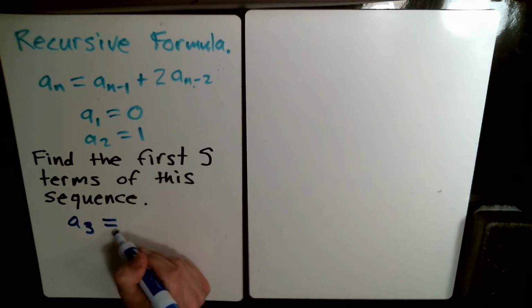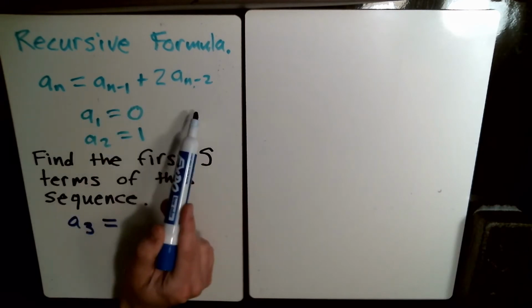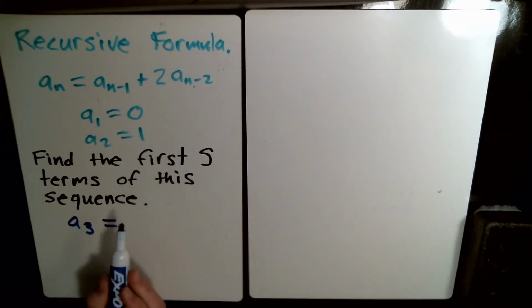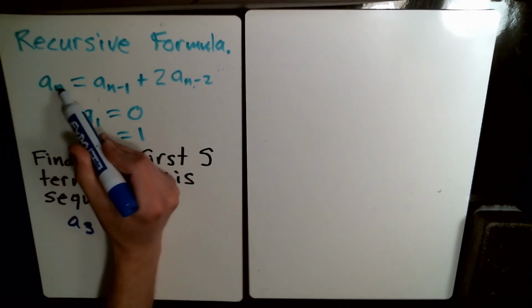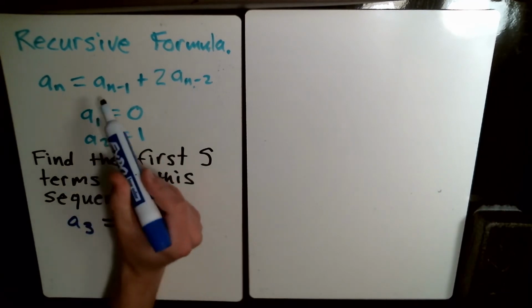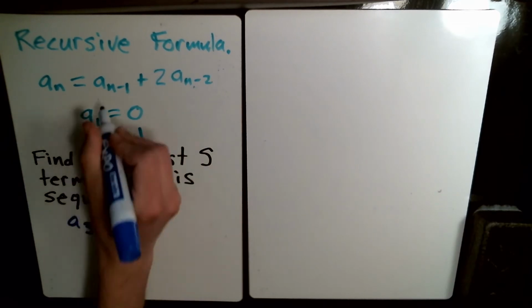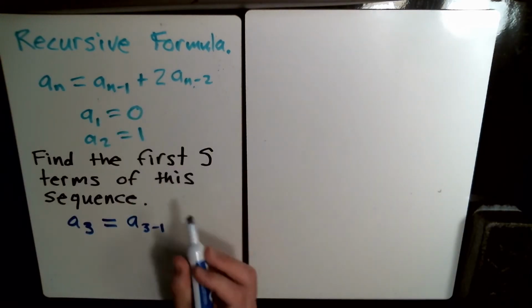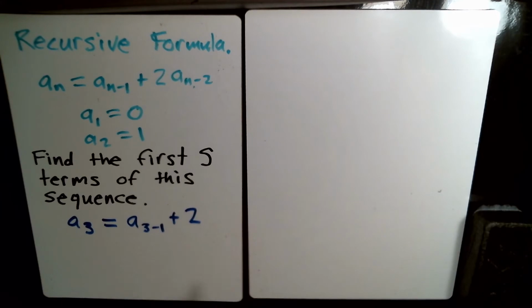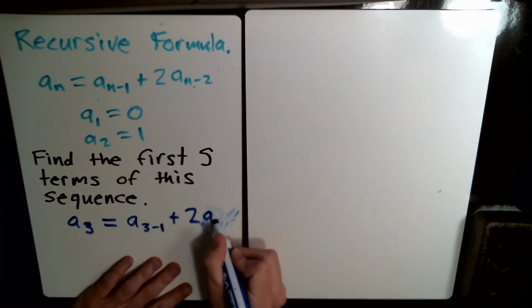I can use this recursive formula to figure out a sub 3, because a sub n is here, so n would be 3 in this situation. Everywhere there's an n, I'm just going to replace it with 3. So this would be a sub 3 minus 1 plus 2 times a sub 3 minus 2.